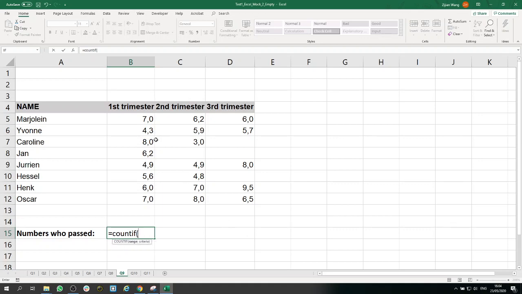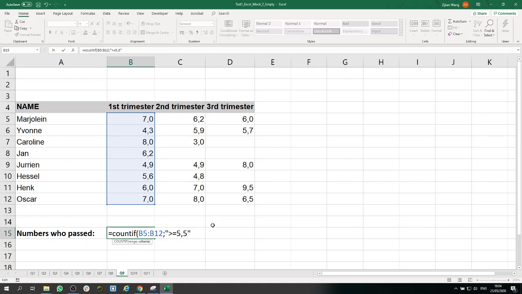The COUNTIF function will first ask you the range, and then the criteria would be 5.5, right? So is it a pass when it reaches 5.5, or does it also include 5.5? So not only more than 5.5, but we also should have the equal sign.